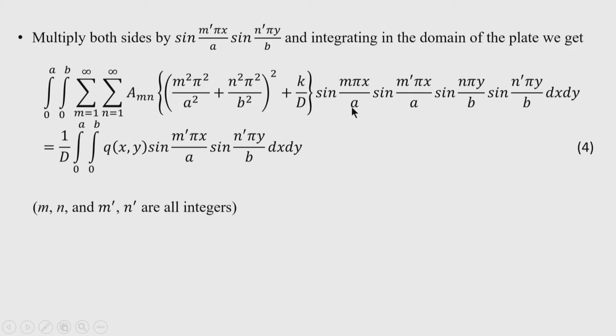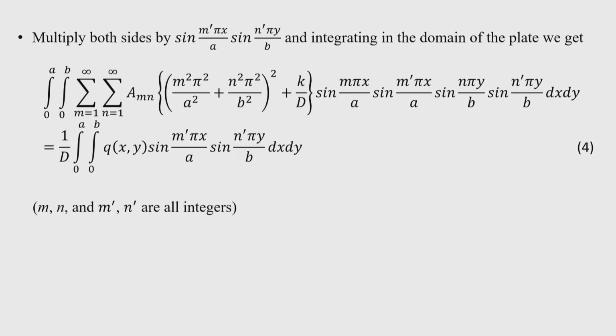That is the intention for multiplying this and integrating over the domain of the plate. Because of this operation, we can use the orthogonality condition by which we can get rid of all the terms which are not involving m equal to m dash or n equal to n dash.